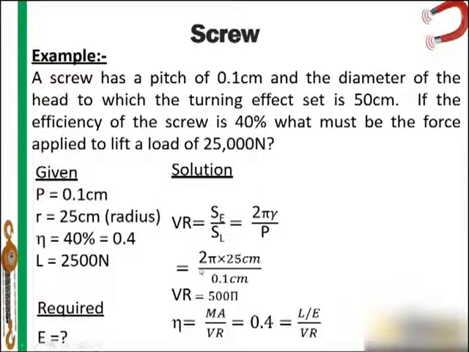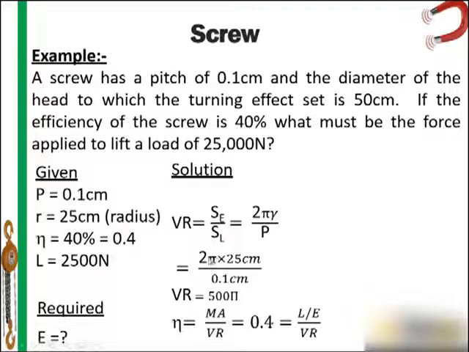If we substitute in what we know, 2 pi r will be equal to 2 pi multiplied by the radius, and the radius is 25 centimeters because we're told that the diameter of the head of the screw is 50 centimeters. And we're going to divide that by the pitch, and we're told the pitch is 0.1 centimeters. Therefore, the velocity ratio, if you do the mathematics, will be equal to 500 pi.